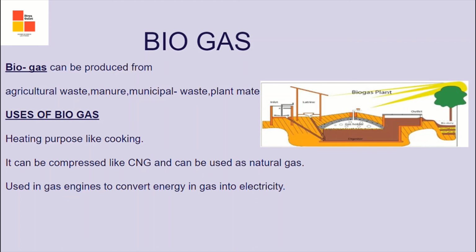It can be produced by anaerobic digestion with anaerobic organisms, means in the absence of oxygen. Primarily, it consists of methane and carbon dioxide, and it also has small amounts of hydrogen sulfide.